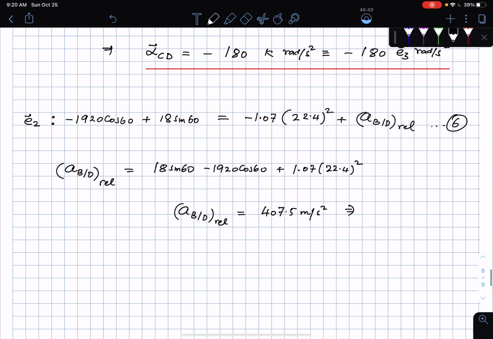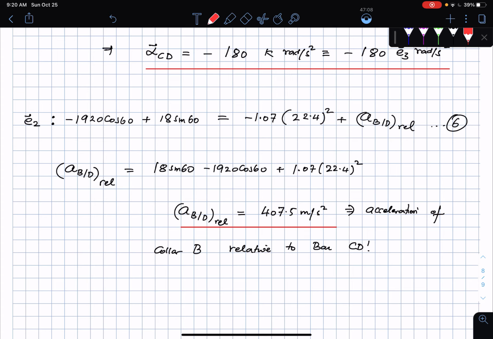This is the acceleration of B, the collar, relative to the bar CD. All right, so that's a pretty heavy problem, right? I hope you agree with me on that.